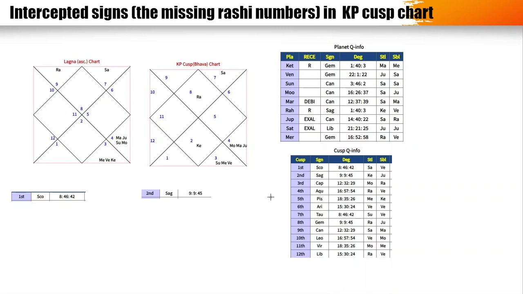And similarly, the second house or second cusp will start from Sagittarius 9 degrees 9 minutes and it will end in Capricorn, right? So I hope this is clear to you, what is meant by the span of a cusp.